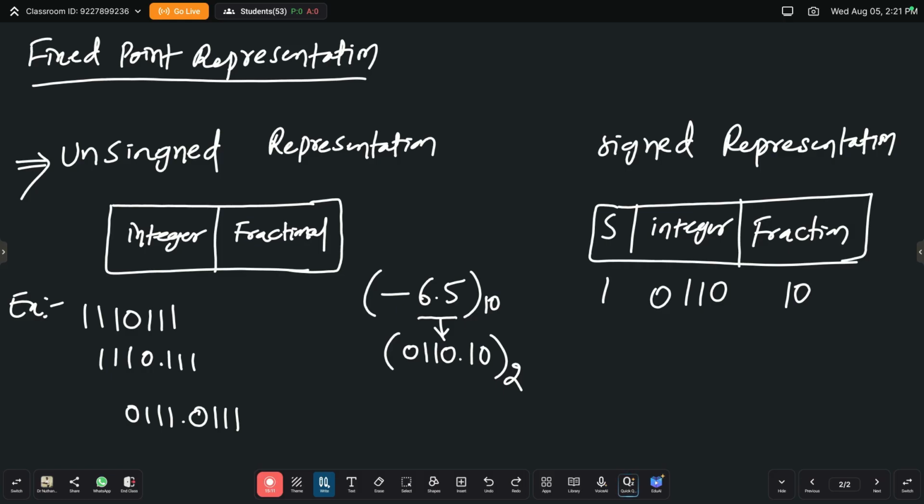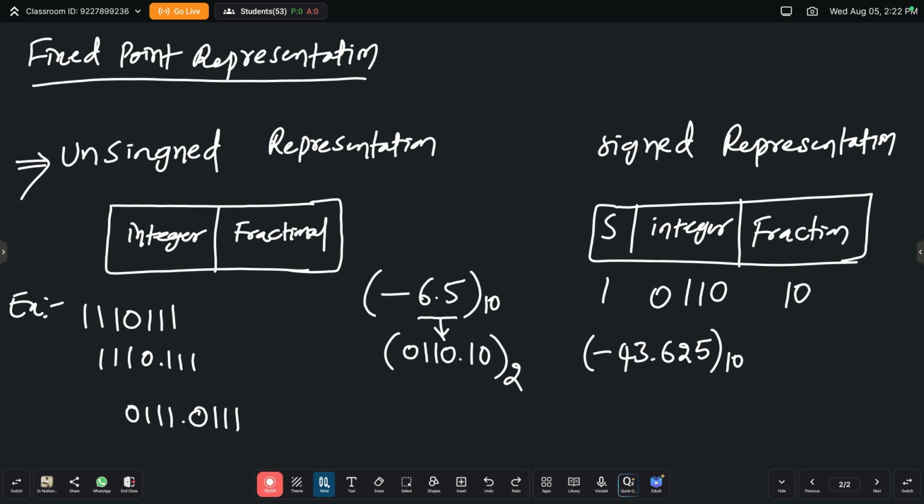Convert or represent the given decimal number, minus 43.625, in fixed point representation, which consists of a 32-bit representation.